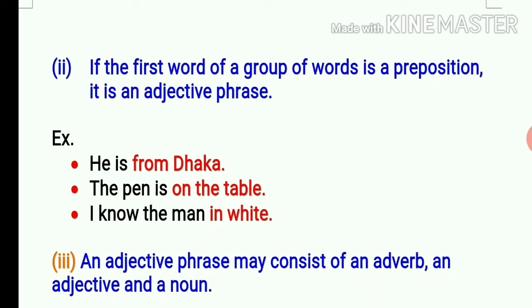The second one, the fan is on the table. Like the former one, on the table is an adjective phrase because at the beginning of this phrase, here we find the preposition on. And the third example, I know the man in white.